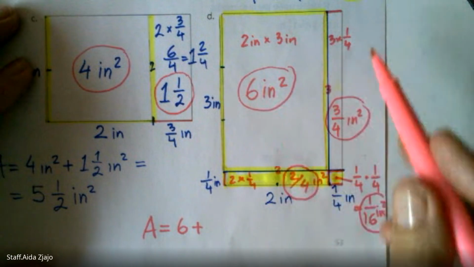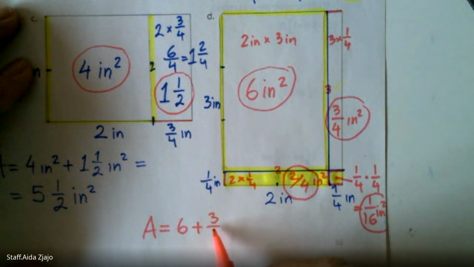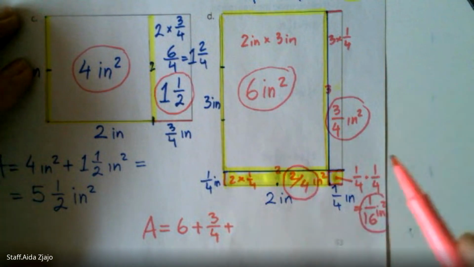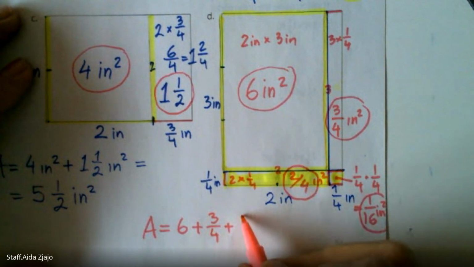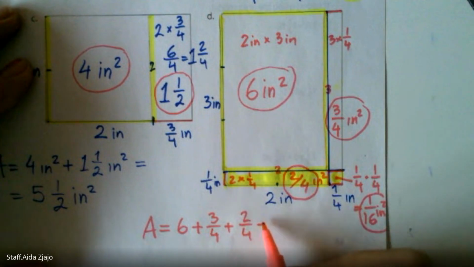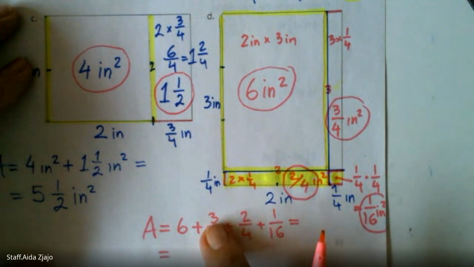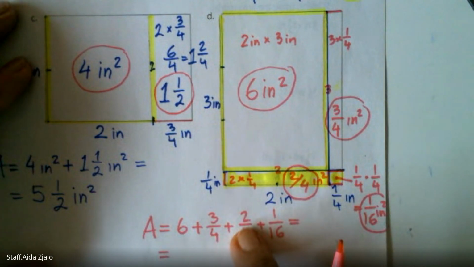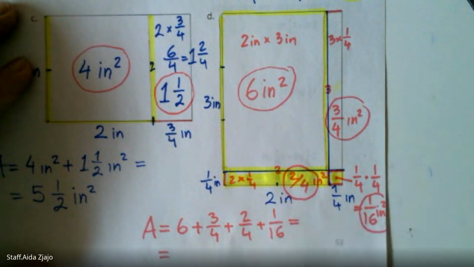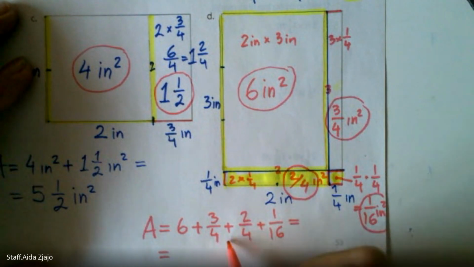So 6 plus 3/4 plus 2/4 plus 1/16. Now, 3/4 plus 2/4 is 5/4. So this together makes a whole. So 6 plus 5/4 makes 1 whole and 1/4 plus 1/16.